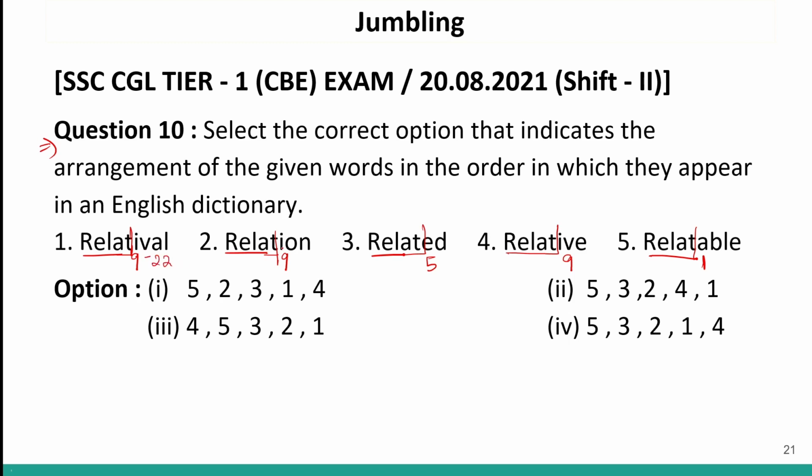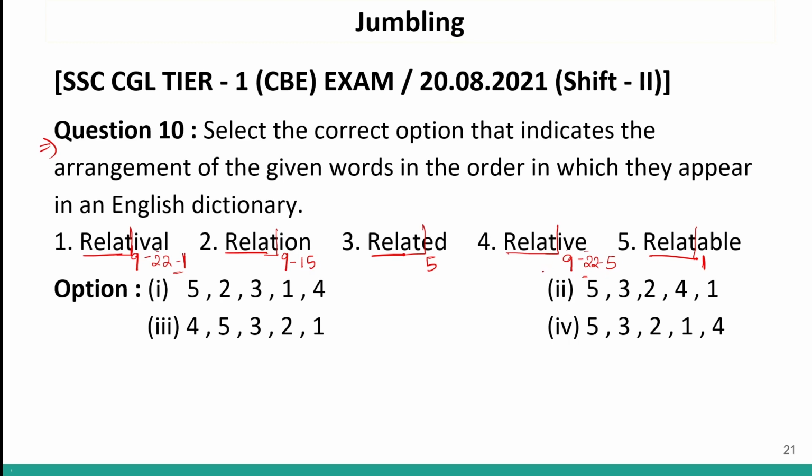Over here after I, we have O, which is 15. And over here after I, we have V, which is again 22. So between these two, we have to see now. Between these two, after V, we have A, which is 1. After V, we have E, which is 5. So 922, 1 will come before 922, 5.